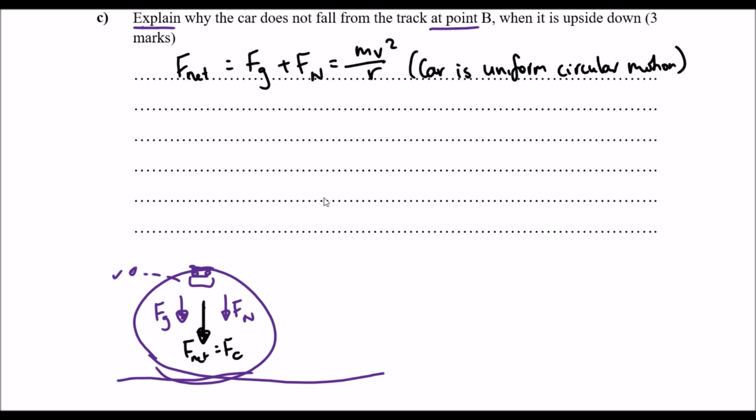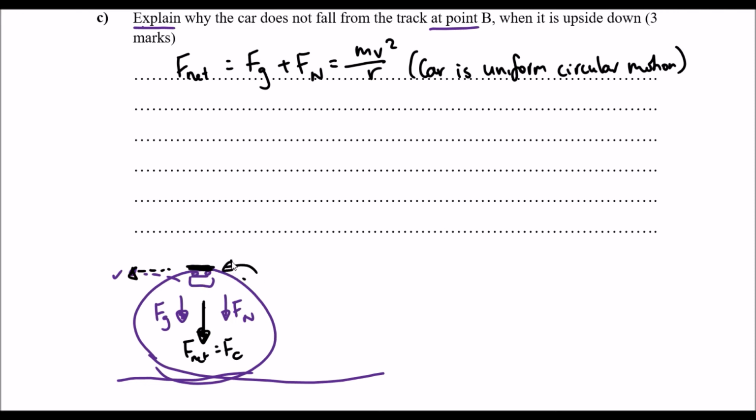So that's kind of the idea. Now the question's asking why it doesn't fall down. Well, there's a couple of things you can look into. The car is technically moving at this velocity here, but to make it really clear for yourself is the fact that there is still a normal force on the car. Remember, the normal force can only exist if there is some kind of contact with a surface.